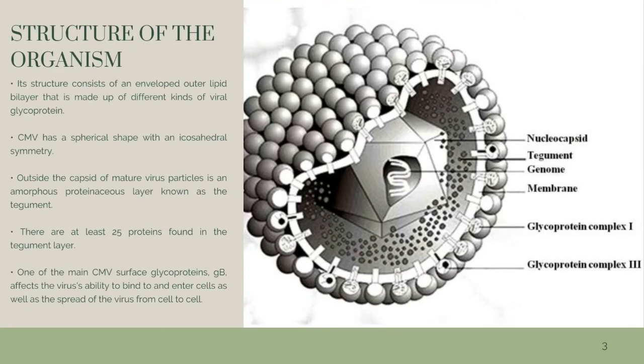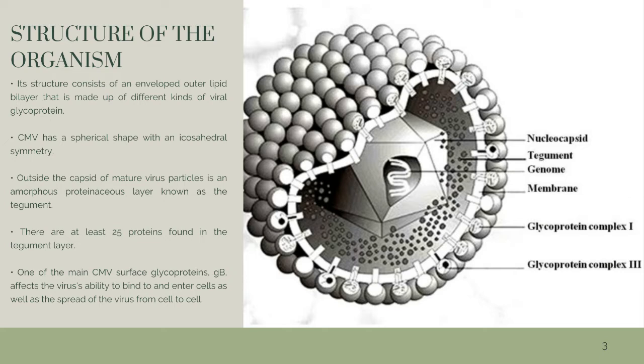And now let's move on to the structure of the organism. Please refer to the picture shown for this slide. The cytomegalovirus is a member of the beta herpes subgroup of the herpesvirus family. Its structure consists of an enveloped outer lipid bilayer made up of different kinds of viral glycoproteins. CMV has a spherical shape with icosahedral symmetry.